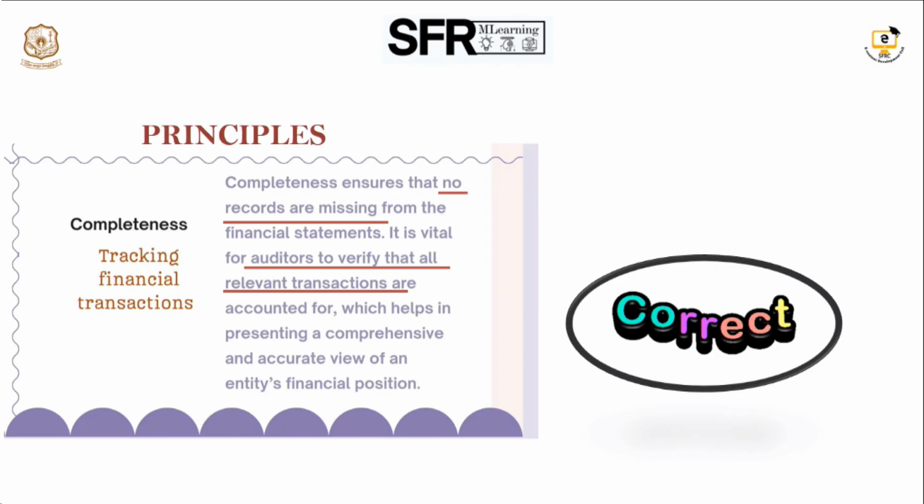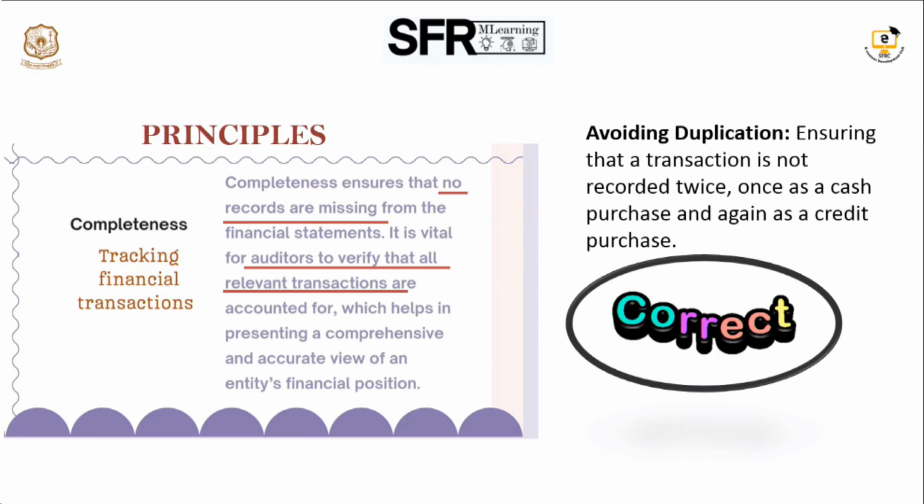That should be properly audited by the auditor. This actually helps to present a comprehensive and accurate view of the financial position of the concern. So the completeness should be there, and here we can also explain that nothing should be entered twice. Duplication should be avoided while the entries are made in a complete way.